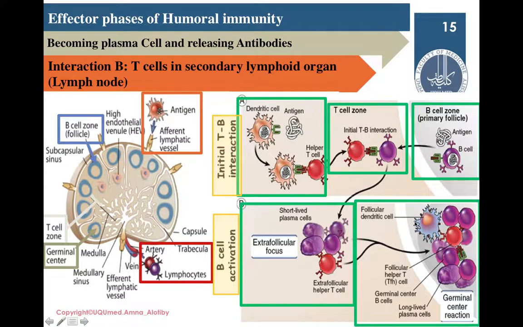There's another set of cells in the germinal center, called follicular dendritic cells. The follicular dendritic cells, follicular helper T cells, and the activated B cells will all together result in the long-lived plasma cells and memory B cells.